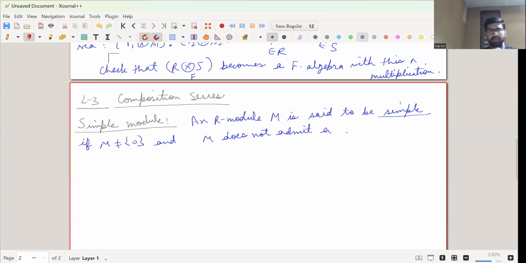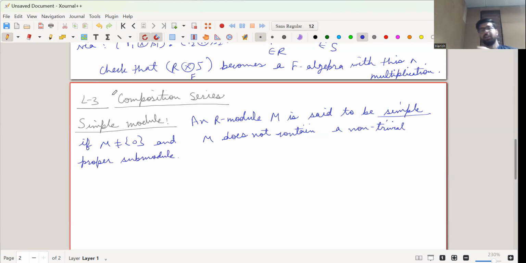Instead of admit, I will write contain, it's a better word. So you have a non-zero module.